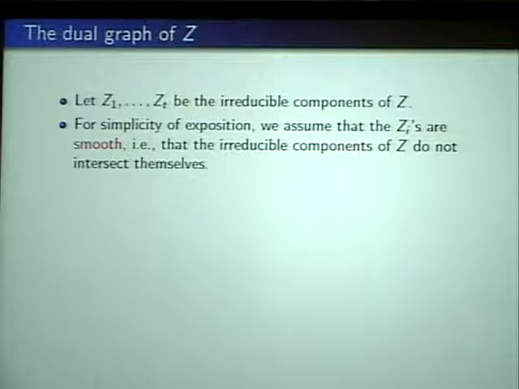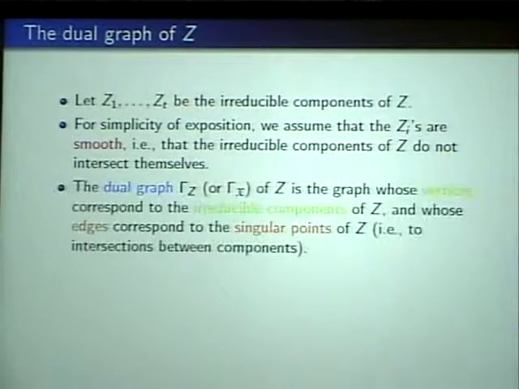But just for simplicity, so I don't have to add extra notation for the normalization of these components, let me assume that these components are themselves smooth. And the dual graph, Gamma_Z, I can think of it either as attached to the special fiber or to the model that I chose in order to get this special fiber. It's the graph whose vertices correspond to the irreducible components and whose edges correspond to intersections between those components.